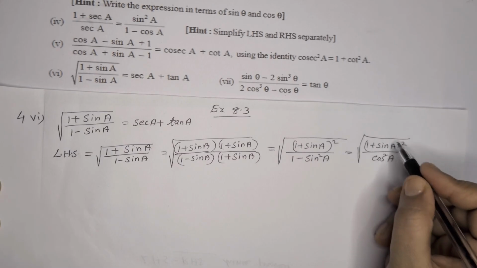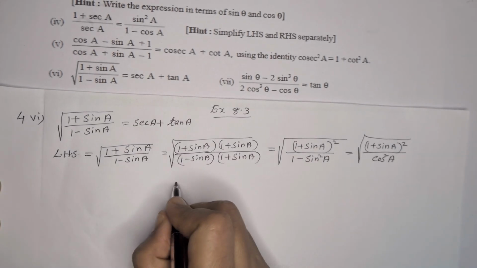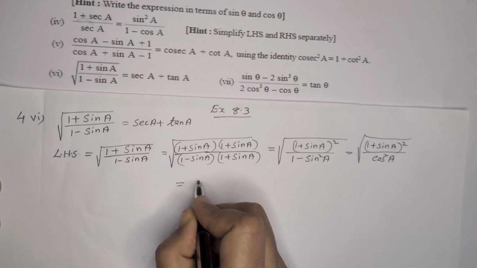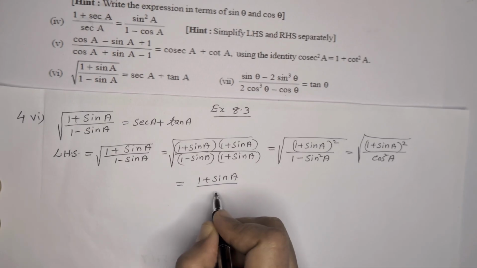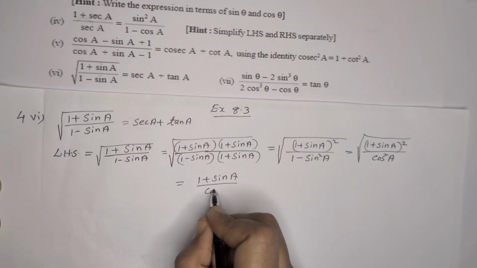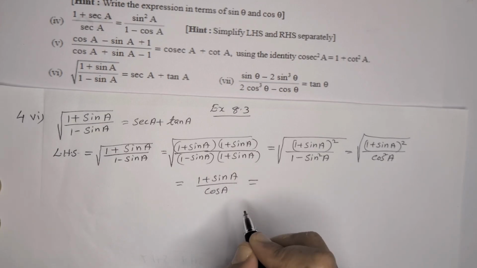Then we can remove the root, here also square sign, this also square term. So we can write that is equal to square root of 1 plus sin A the whole square is 1 plus sin A, divided by square root of cos square A is cos A. Here numerator 2 terms and denominator just 1 term.